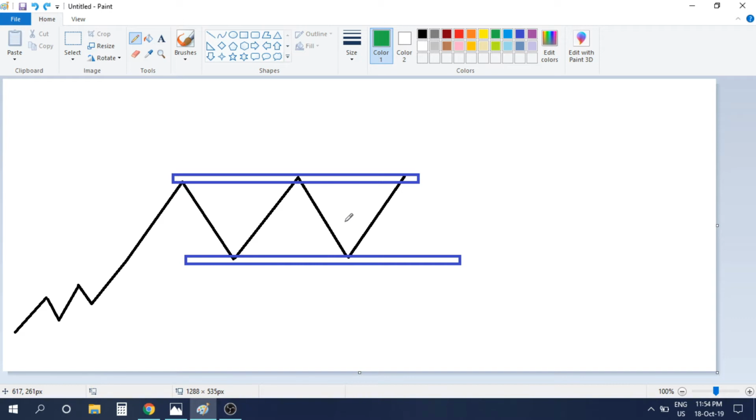Essentially price was in a good up move, then there was some sideways movement, and price got stuck between the upper and lower price ranges, moving up and then moving down.